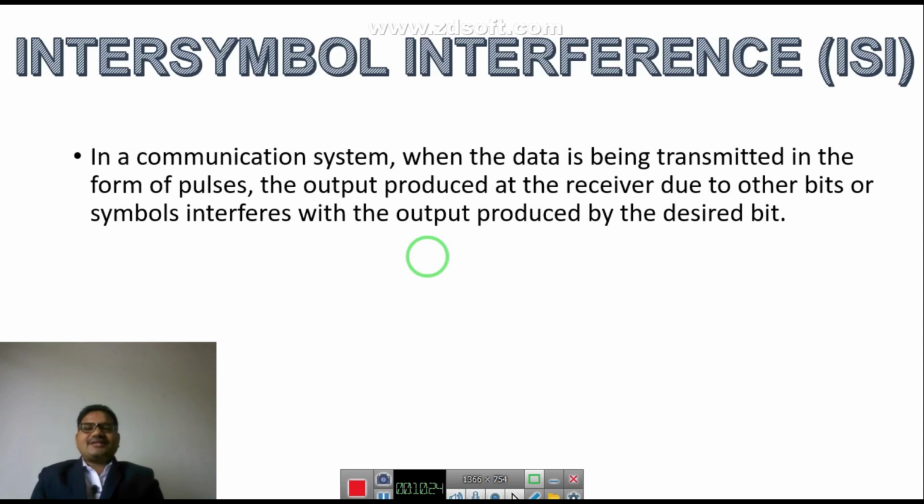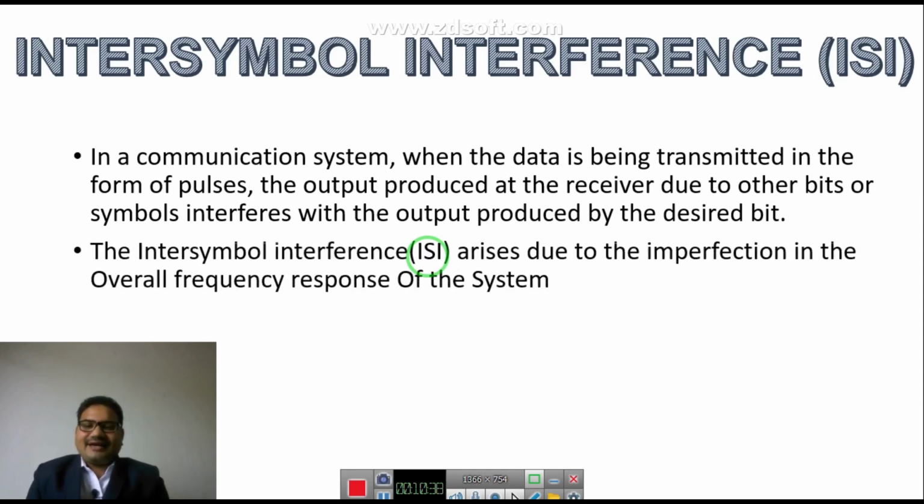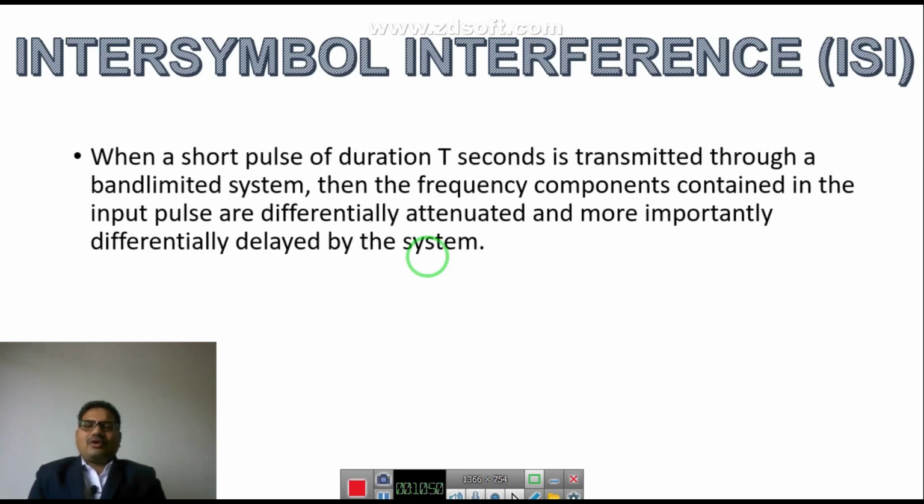In a communication system, when the data is being transmitted in the form of pulses, the output produced at the receiver due to other bits or symbols interferes with the output produced by the desired bit. So, ISI, intersymbol interference, arises due to what? Imperfection in the overall frequency response of the system.